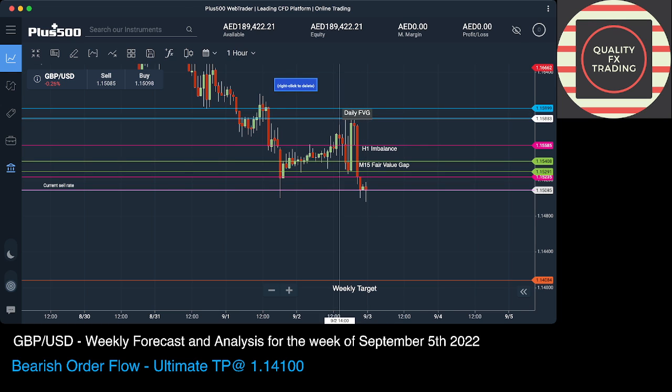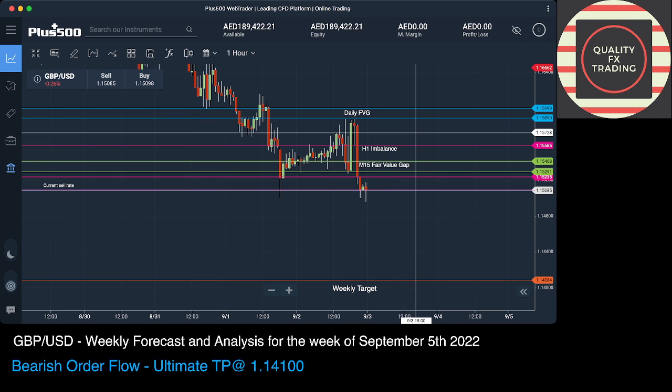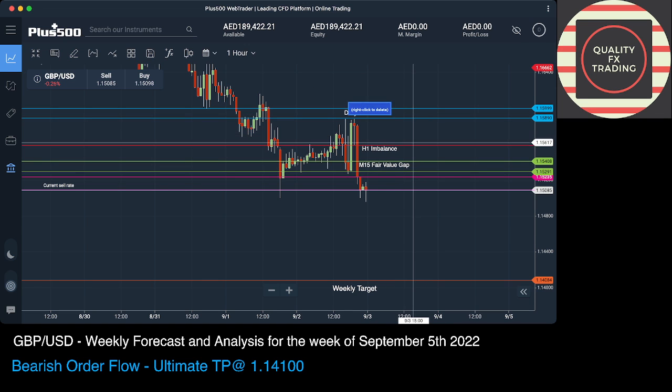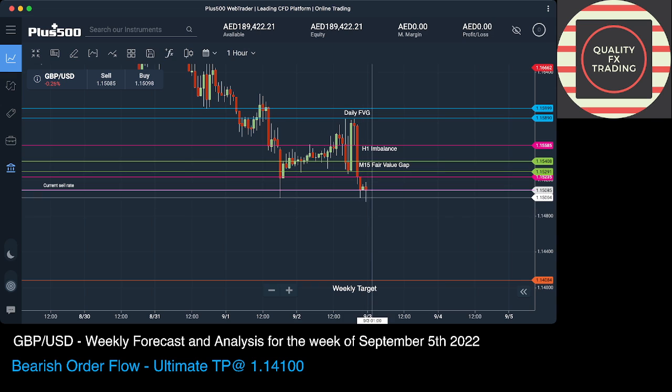then we will wait for this daily fair value gap to sweep this high and then to form the sell setup, or if the price is just going to the downside by opening the market, we could see the market pushing to the downside.